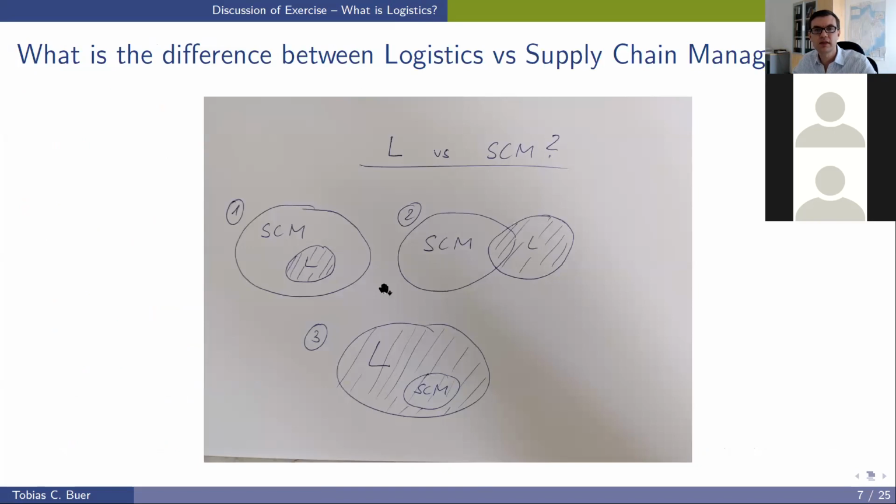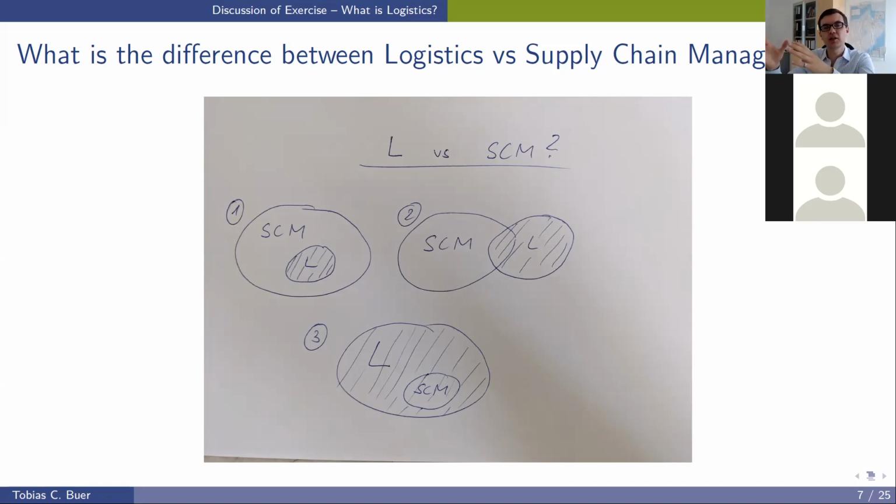I know we did not discuss the term supply chain management in detail, but still you have already heard about supply chains and supply chain management. So when you look in the literature, there's often a discussion, is logistics a part of supply chain management, or is it vice versa?